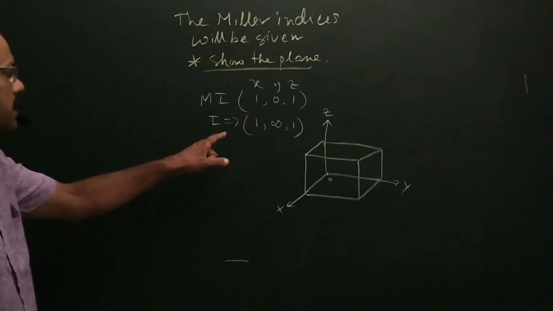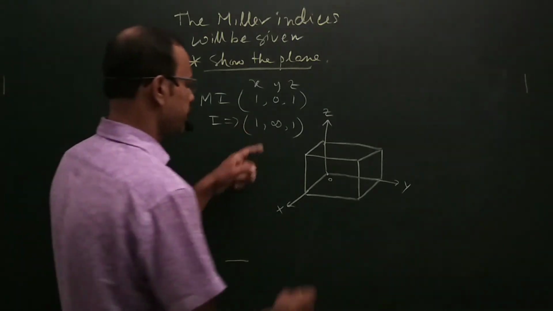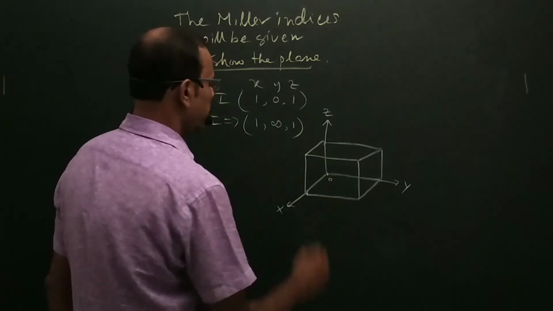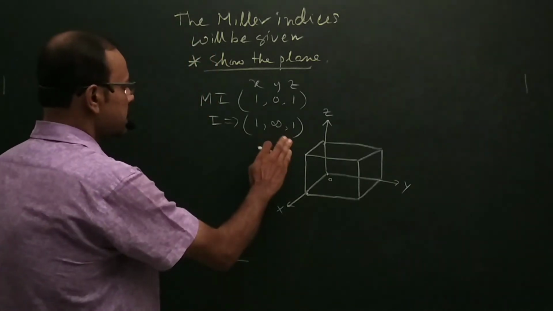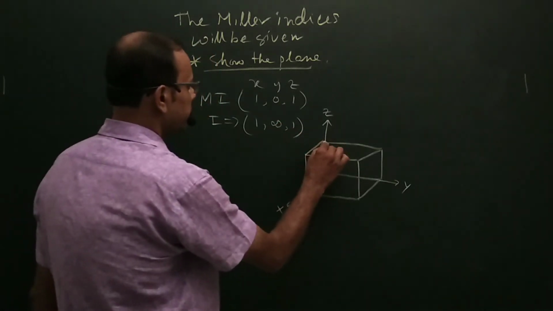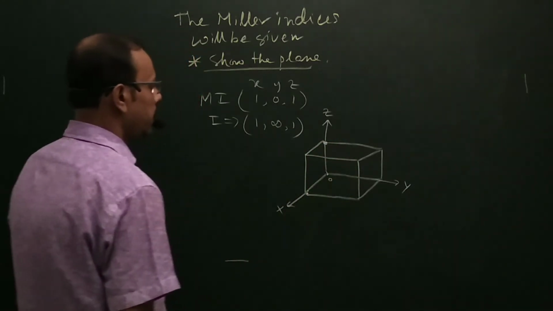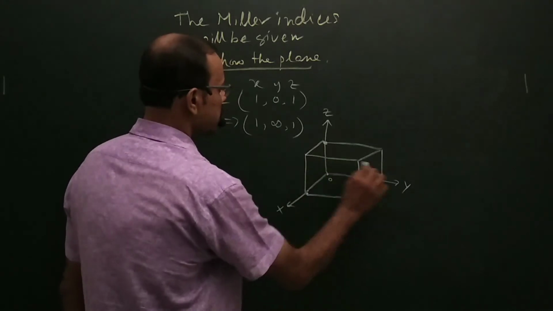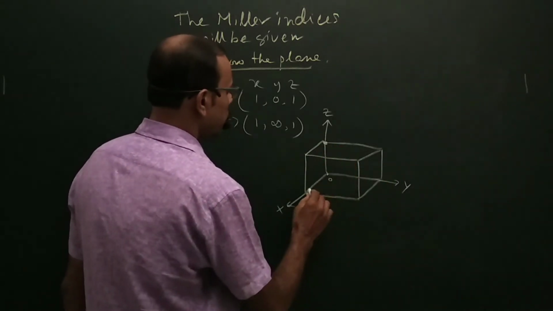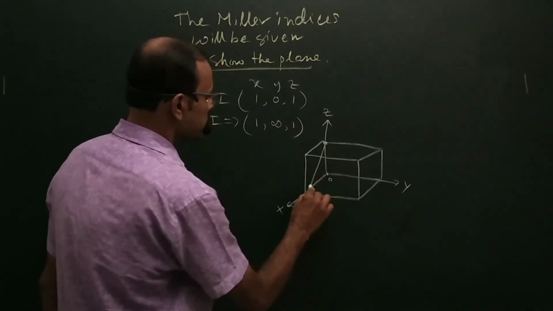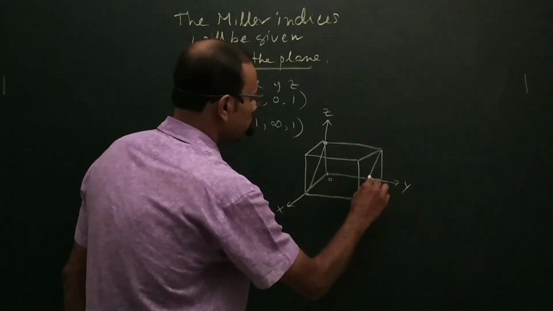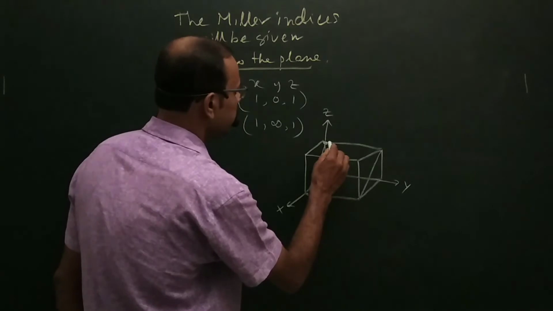So the plane intersects the x-axis at unit distance, so at this point, the plane intersects the z-axis at unit distance, that is at this point, and it is parallel to y-axis. So we can draw the plane like this. We should join the 2 points and join here the 2 points, and the plane will be like this.